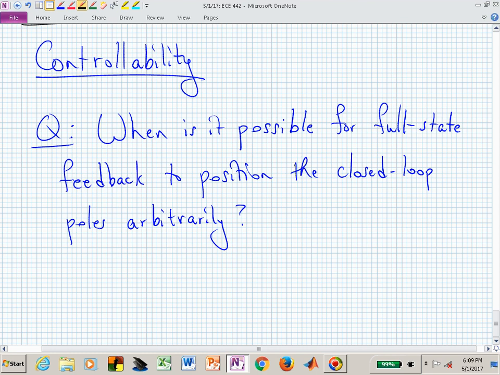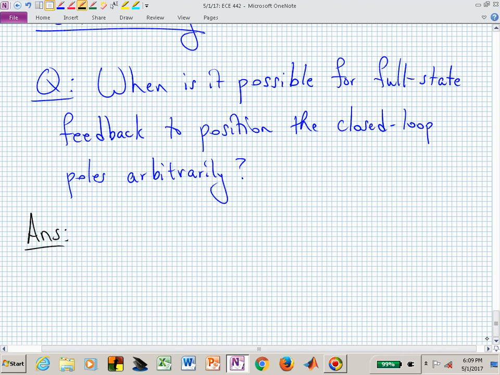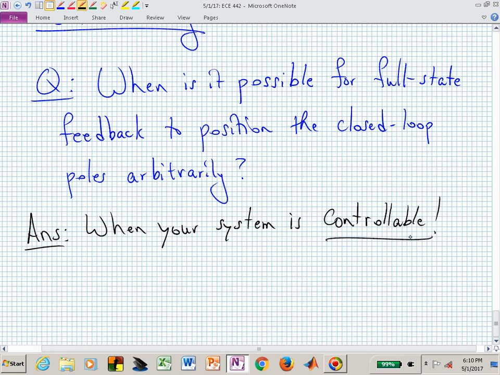But this would be your first step in a full state feedback design. You would basically be saying, is this system controllable? When is it possible for full state feedback to position the closed loop poles arbitrarily? The answer is when your system is controllable.